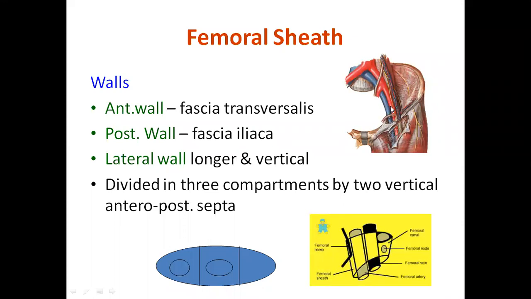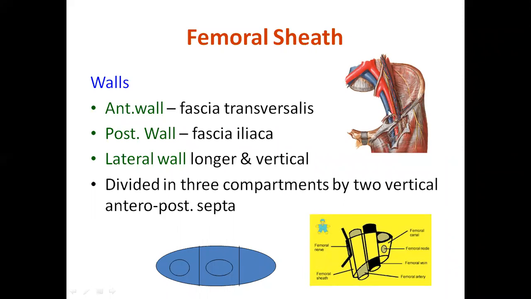Now these structures are entering into the thigh. When they enter the thigh, they take a part from the anterior aspect, that is fascia transversalis, and the posterior aspect, that is fascia iliaca. Thus the anterior wall of the femoral sheath is made of fascia transversalis, and the posterior wall is made of fascia iliaca.